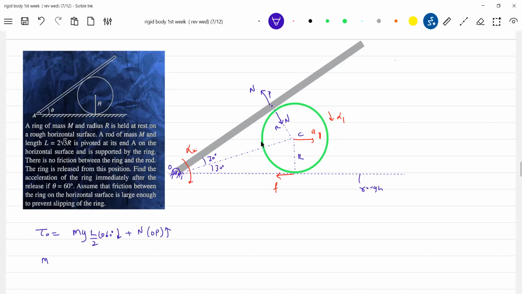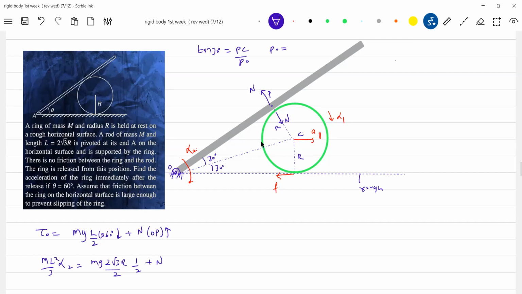So this should be equal to ML square by 3 into alpha 2. mg times 2 root 3 R by 2, minus N into, okay, how to get the distance OP? And 30. Sine 30, yeah, we'll use that triangle. Tan 30 is PC by PO.